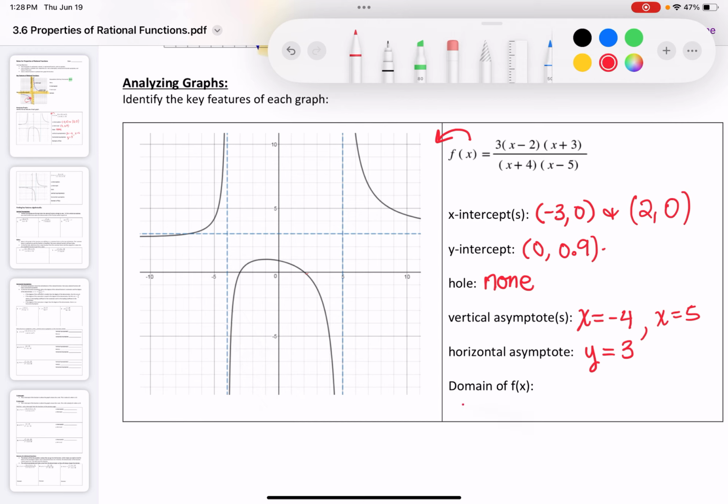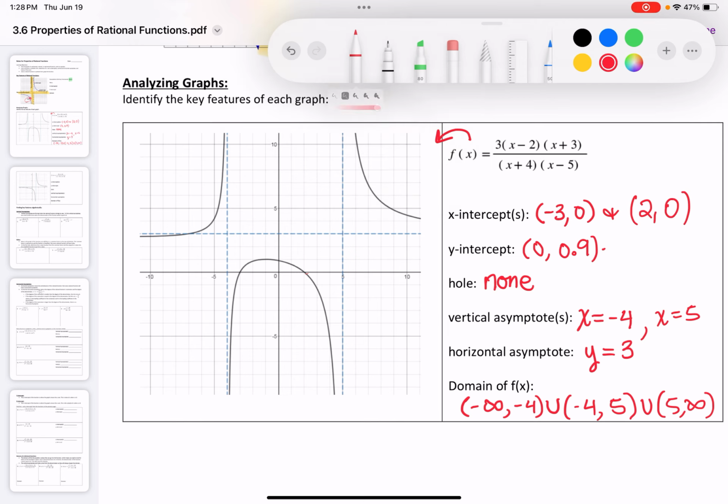So we're going to have a domain that starts from -infinity to -4 with the parenthesis, union, and then it starts back up right after -4. It continues in that middle section from -4 all the way to 5, union, and then 5 to infinity.